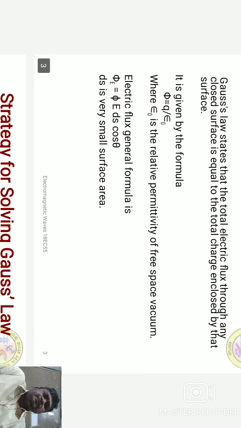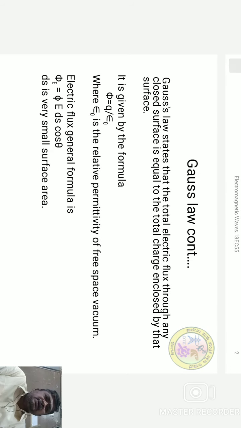The statement can be given in many ways, and this is one of the simplest. The total electric flux through any closed surface is equal to the total charge enclosed by that surface upon epsilon naught. Now what is this epsilon naught?